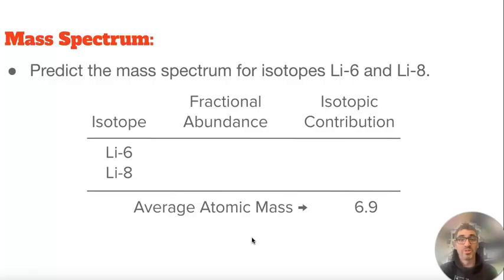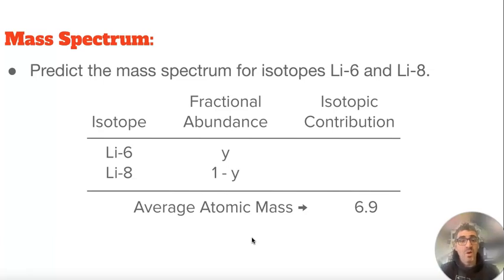So we are solving for the fractional abundance. We assign one variable to one isotope and another expression relative to that variable for the other isotope. Those fractional abundances should add up to 1, or 100%.